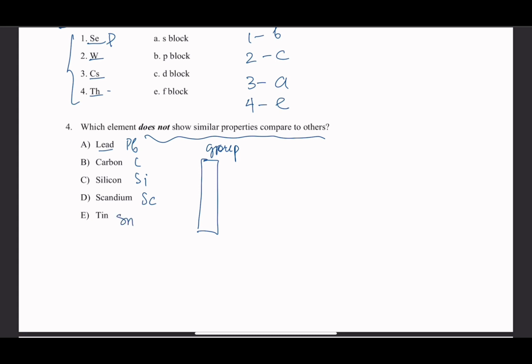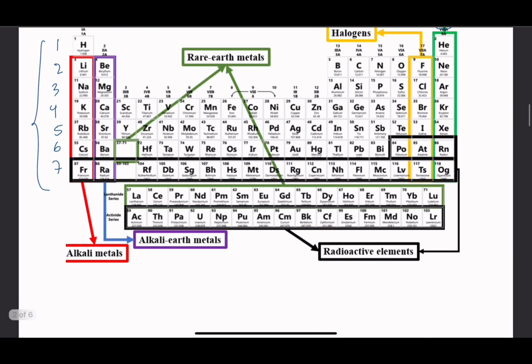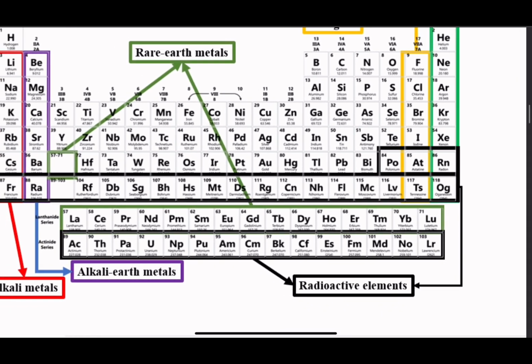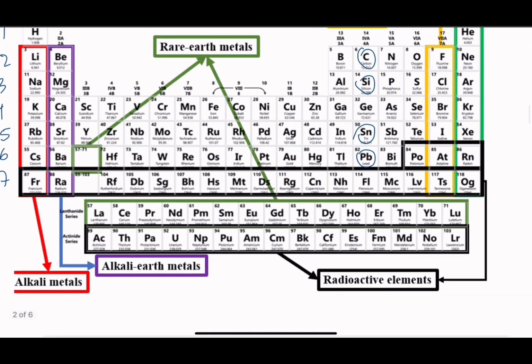So let's look at the periodic table where we locate them. On this group, we've got tin here, lead, silicon, and carbon; we're all in the same group. Then look at where scandium is.